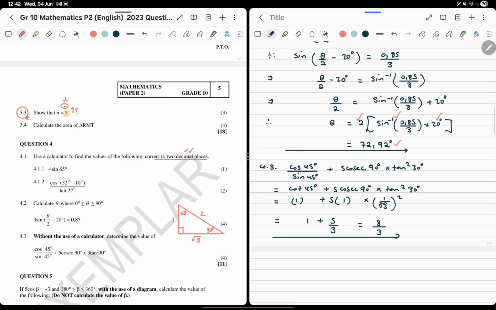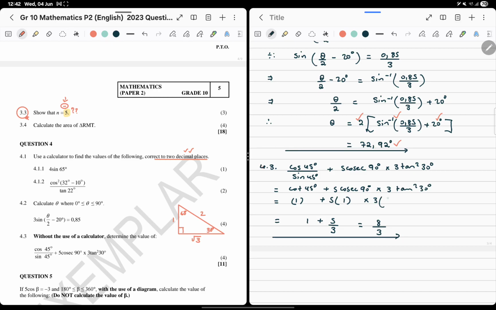I missed my 3. Lord of mercy. I did not put the 3 here. Copied this expression wrongly. So this is 3 tan squared 30 degrees, okay? This is going to be 3 tan squared 30 degrees.